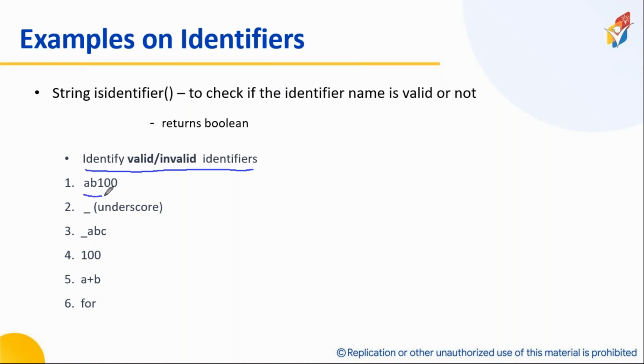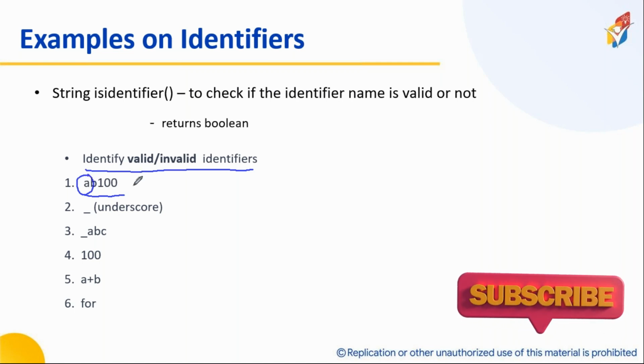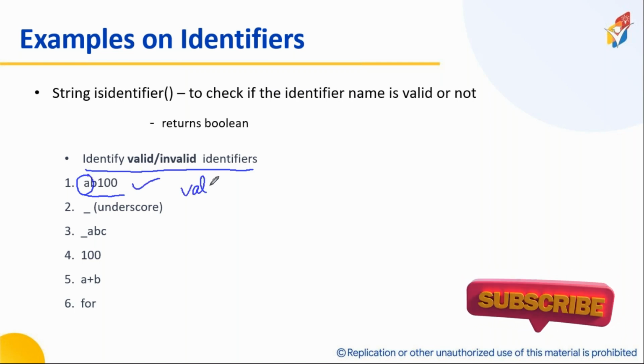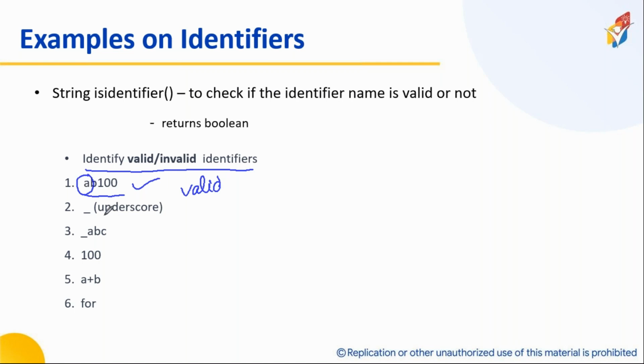Now, AB100, is it valid or not? The first character is either uppercase or lowercase, so this is valid. Now I'm writing with underscore. Underscore is also valid according to the rules which we have given in the previous slide. Now underscore ABC is also valid.